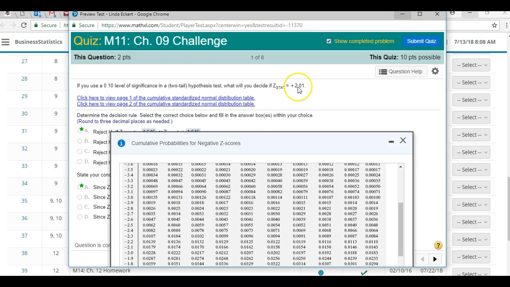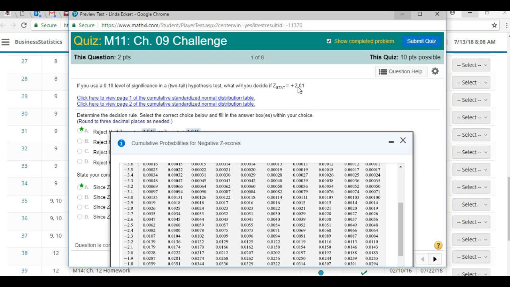This is the result of your test, of doing the comparison or the data analysis, and you've come up with 2.01 as your z-stat. And it's asking, is that valid? What is that doing to your hypothesis? Do you accept it or reject it?